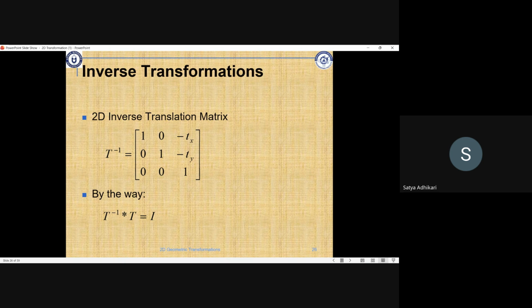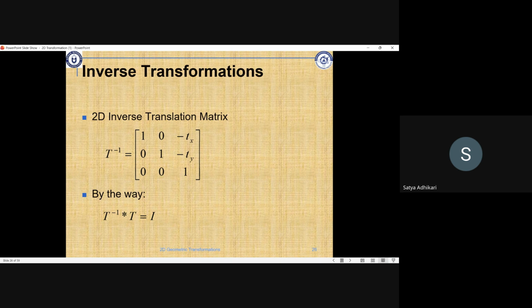So the 2D inverse matrix, represented by T inverse, is 1 0 minus Tx. Please recall, for the translation matrix there is a plus Tx. Tx is a positive sign, but here Tx is a negative sign. That means we added there, now we are subtracting. So 0 1 minus ty, 0 0 1 for the homogeneous coordinate system.